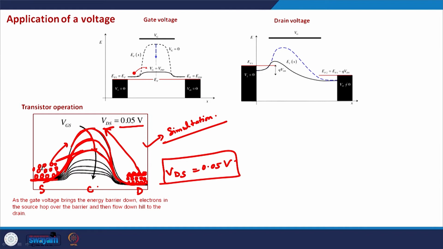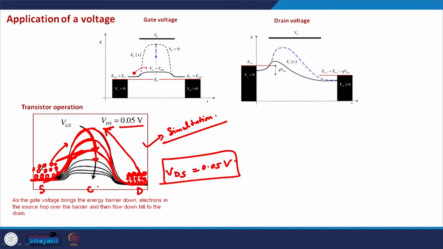So as you can see, the current only starts after a certain gate voltage in these devices. If we further increase the gate voltage, the barrier height is now actually less than the energy of the electrons on the source side.